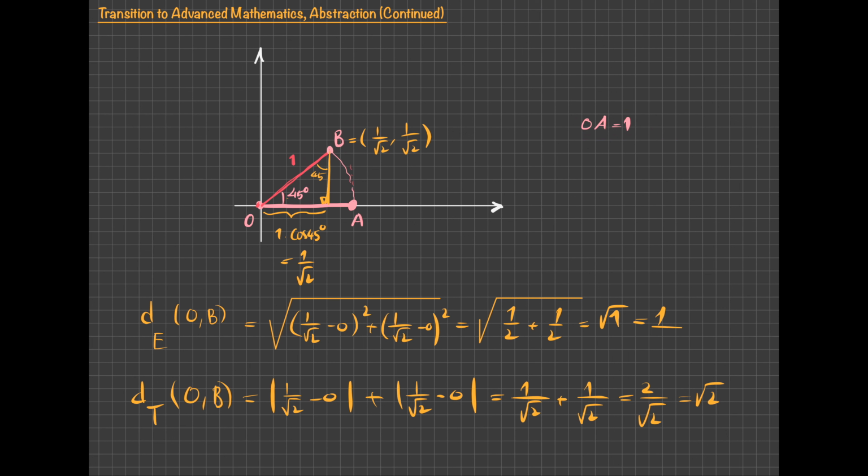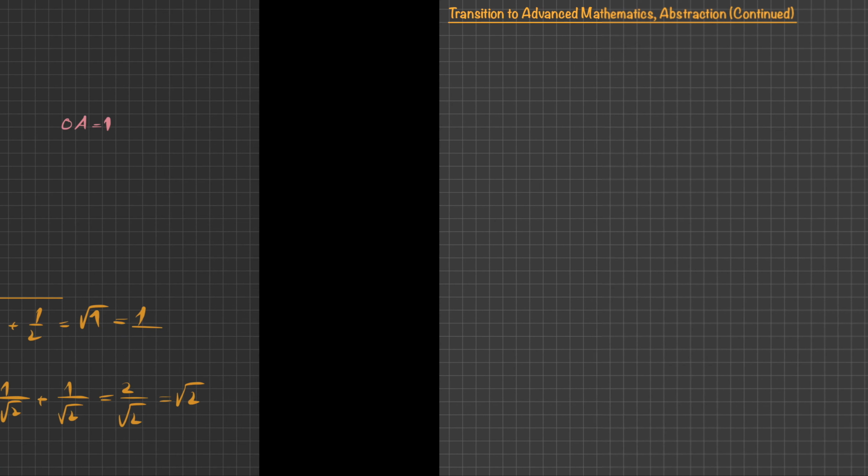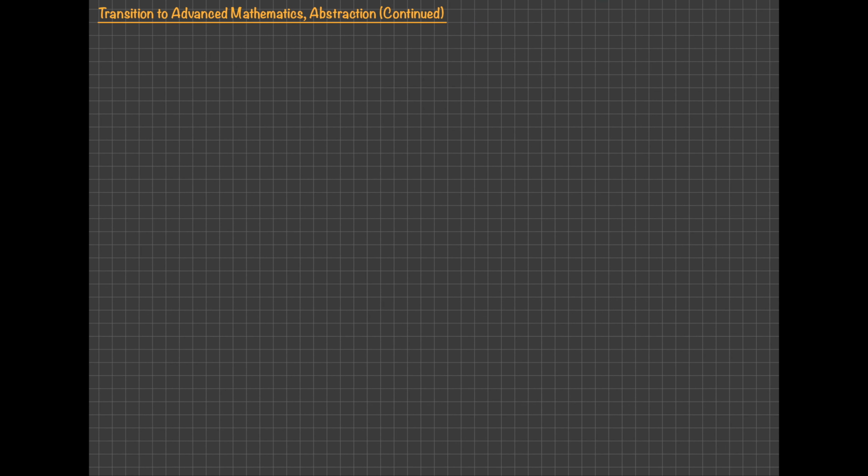But now let me also try to describe a little bit about the mindset of mathematicians. Mathematicians usually have this tendency to generalize the concepts and delve more into the imagination. For example, let us try to compare the Euclidean metric and the taxicab metric from another perspective.